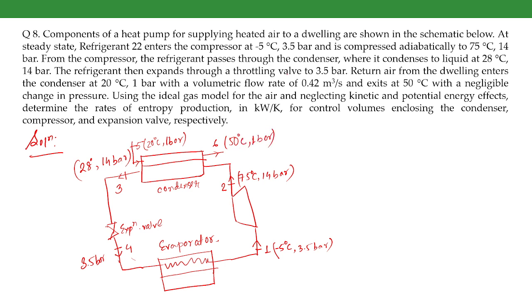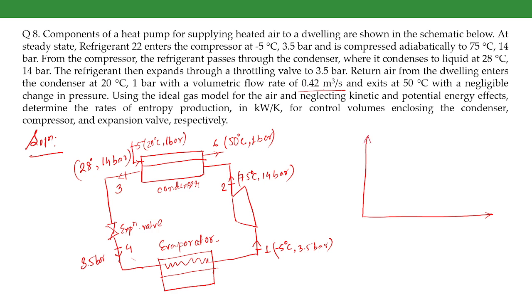Okay, and the volumetric flow rate is given as 0.42 meter cube per second. So for this process, we have to determine the entropy production rate.